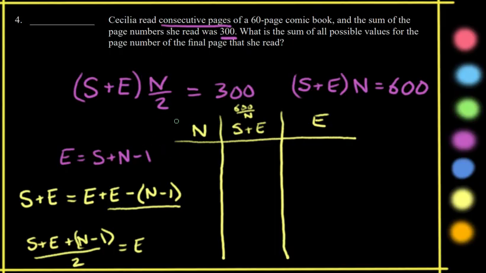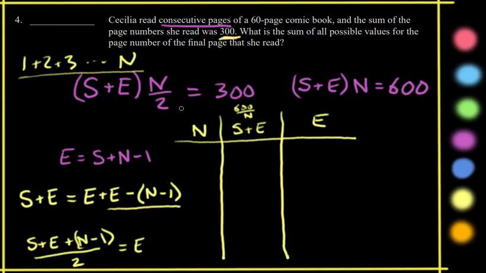Like let's say you tried to start at page 1, right? And you read page 1 plus 2 plus 3 all the way up to n, and you wanted that to be 300. That would give you the most pages you could possibly read. If you start at page 1, that would be the most pages. So that would be the biggest possible number for n. So maybe we can figure that out, and then we can use lower numbers for n and see what happens.